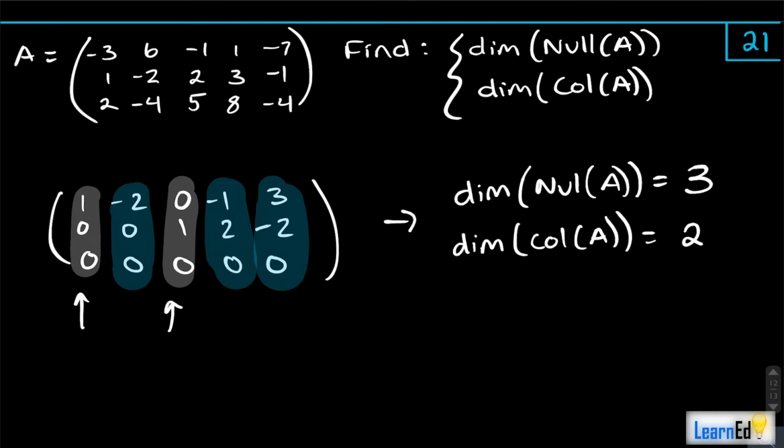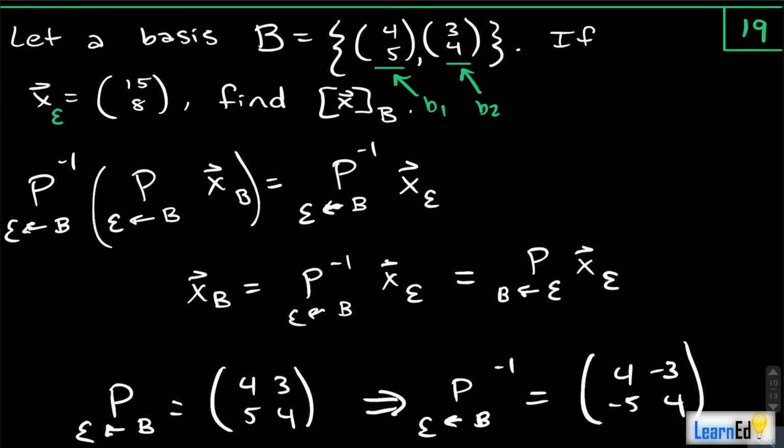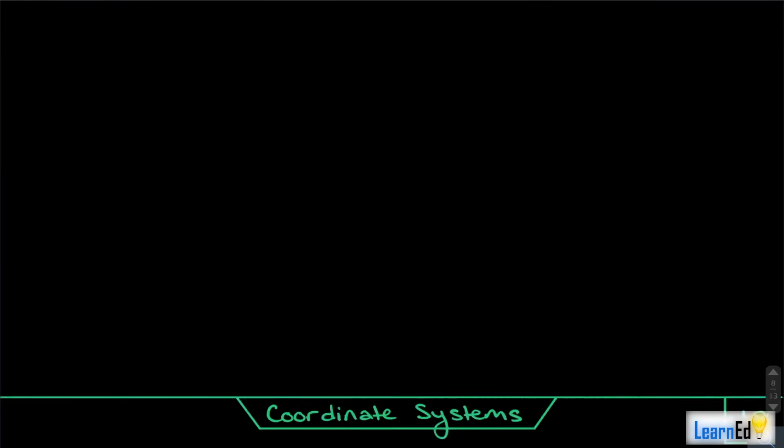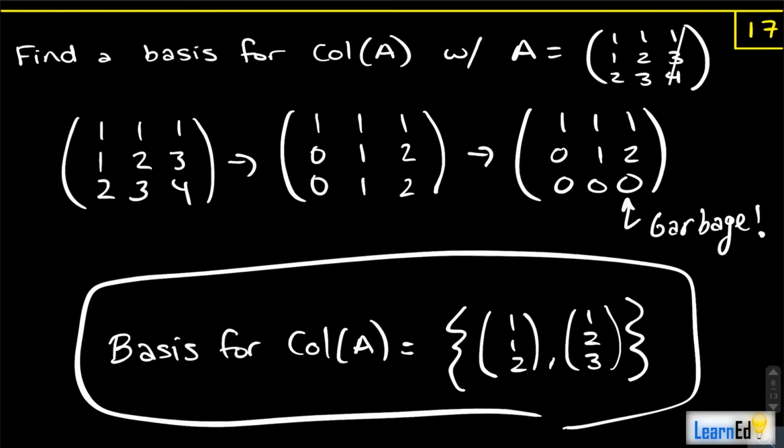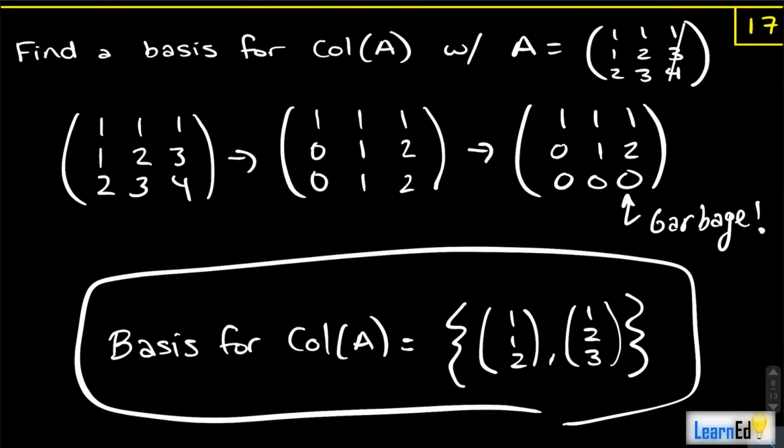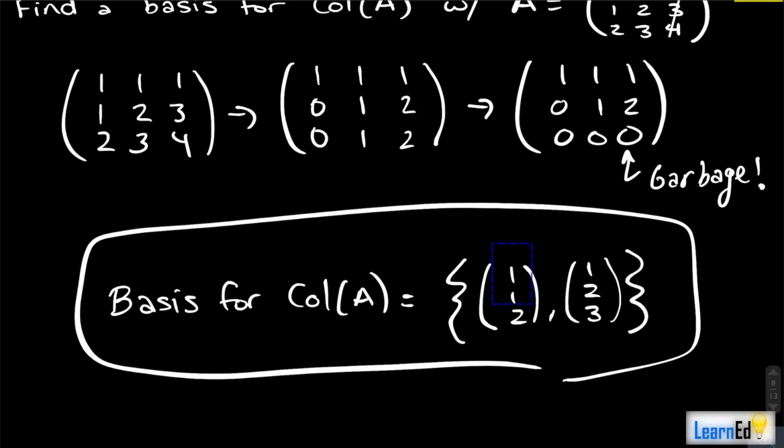actually 2. That goes back to when we found the basis for a column space. We had a matrix A, we row reduced it, and we found that one of these columns was free, a non-pivot column. So we know that this basis only has 2 vectors in it.